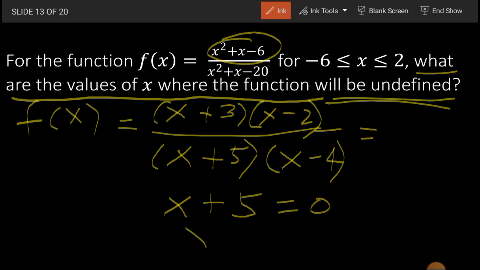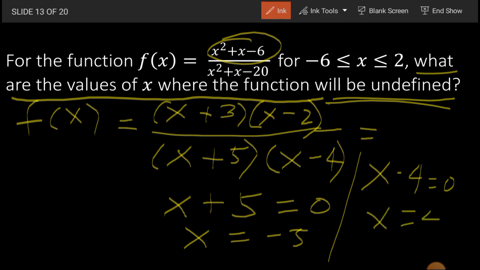So we have x is equal to negative 5 here, and the other factor, x minus 4 is equal to 0, then x is equal to 4. So negative 5 and positive 4 are the values of x that will make the denominator 0 and will make the whole function undefined.